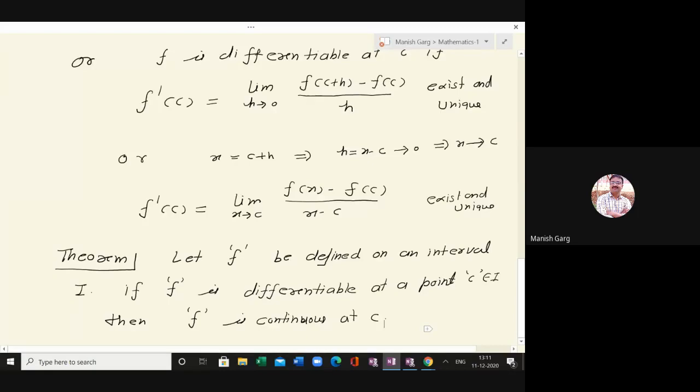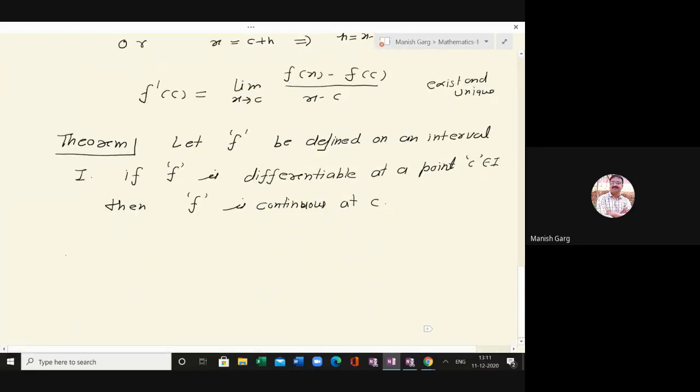If it is differentiable, then it is continuous.